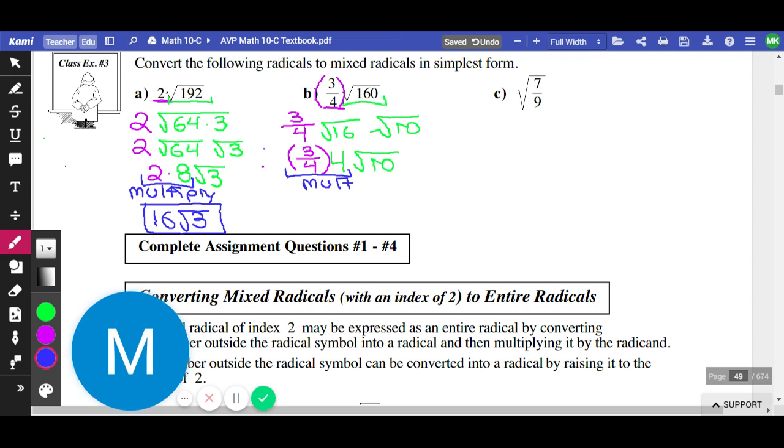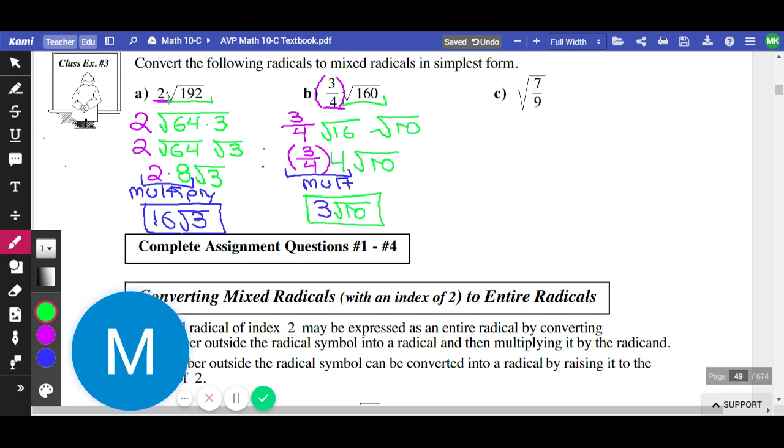And I get an answer of 3. The root 10 is still root 10. And that's my final answer. 3 square root 10. Fantastic.